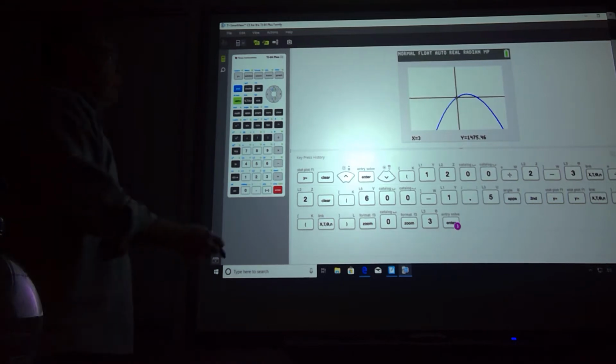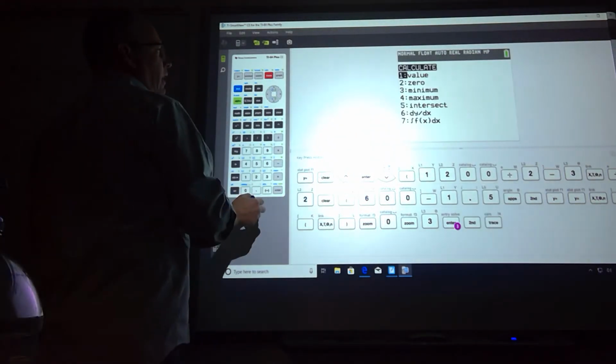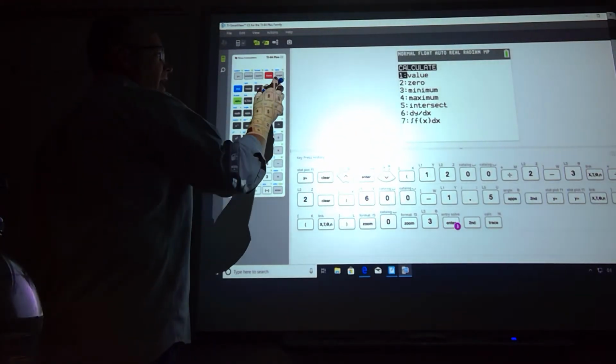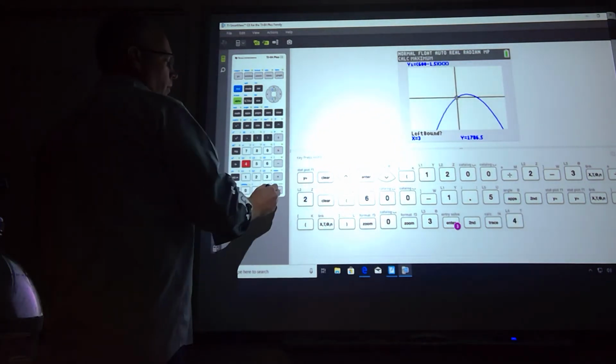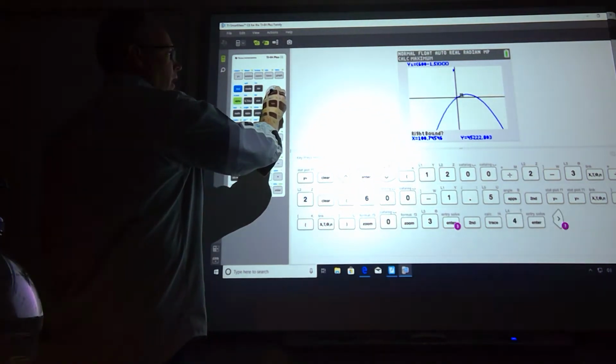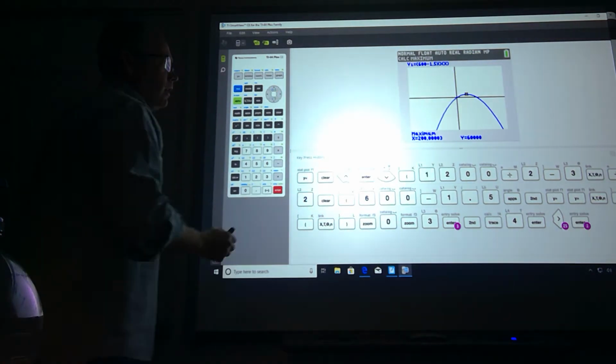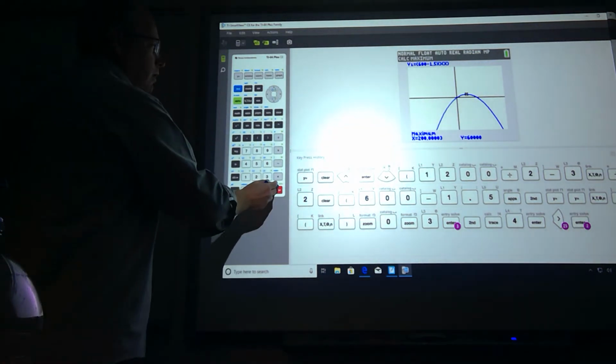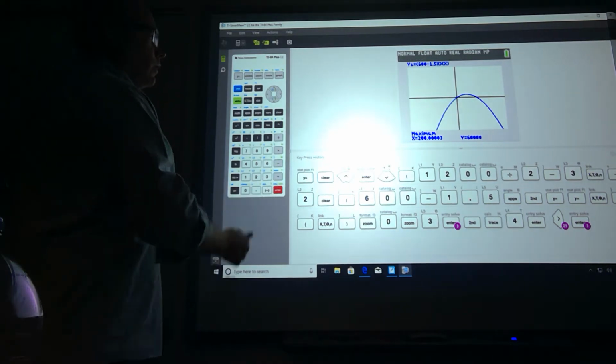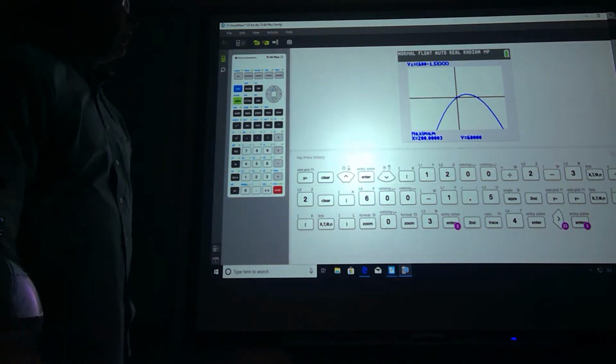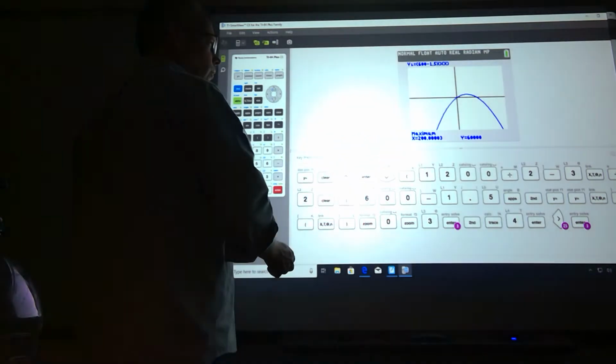All right, so I'm going to go second, calculate. I want to find the maximum because it's the highest point. So I'm on the left side and the right side. So 200 comma 60,000. Is that right?